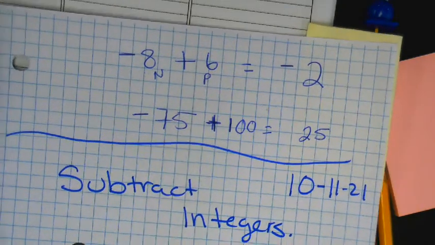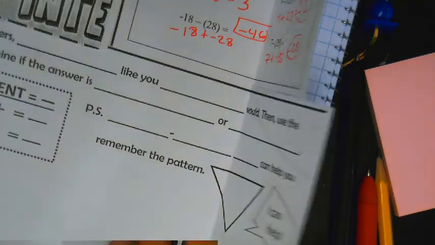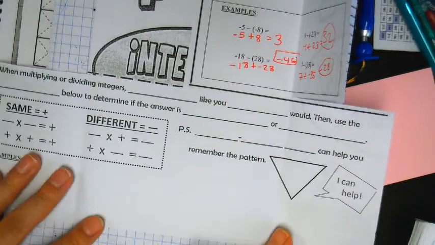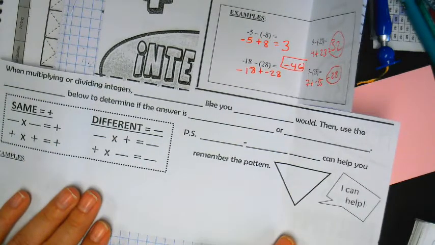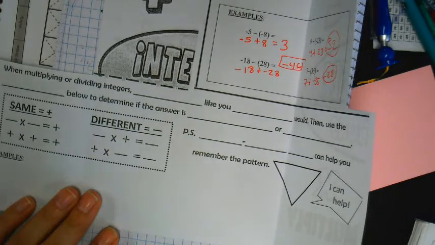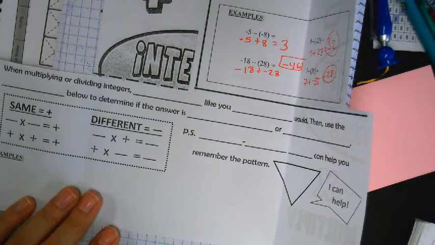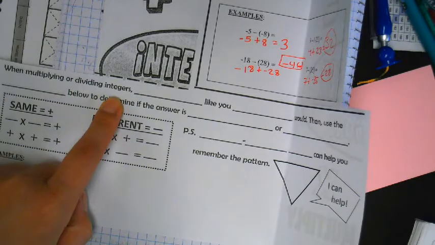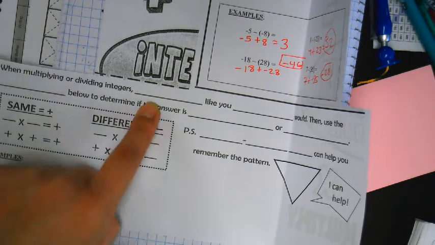Okay. Let's do it on the little chart. When multiplying or dividing integers, blank like you blank would.